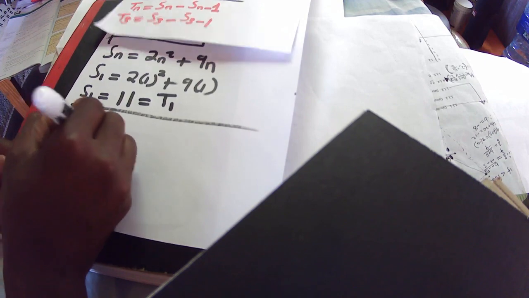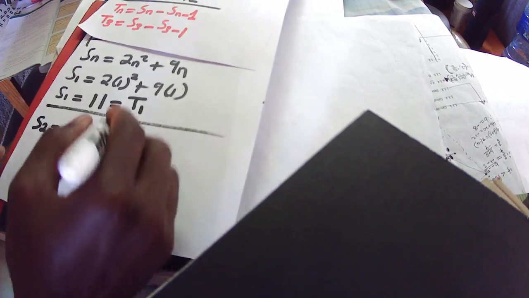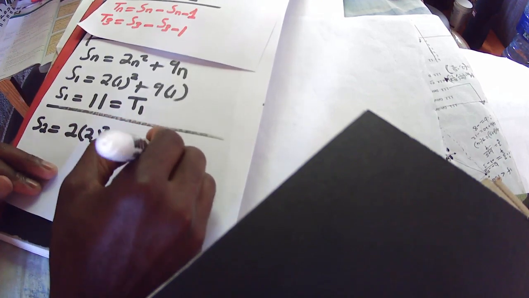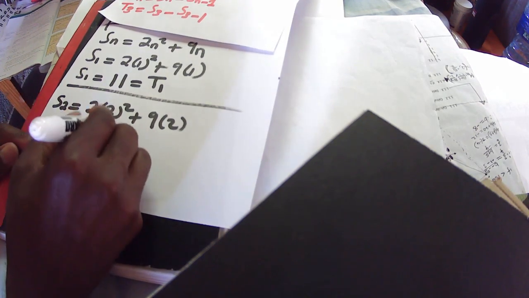What about S2? Let's try S2. S2 is 2 times 2 squared plus 9 times 2. That is 4 times 2, 8, plus 9 times 2, 8 plus 18, so we get 26. S2 is 26.